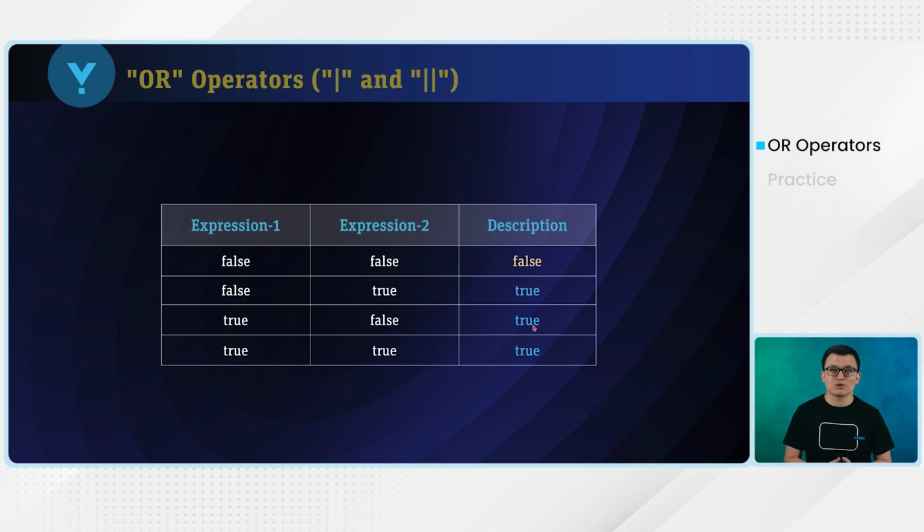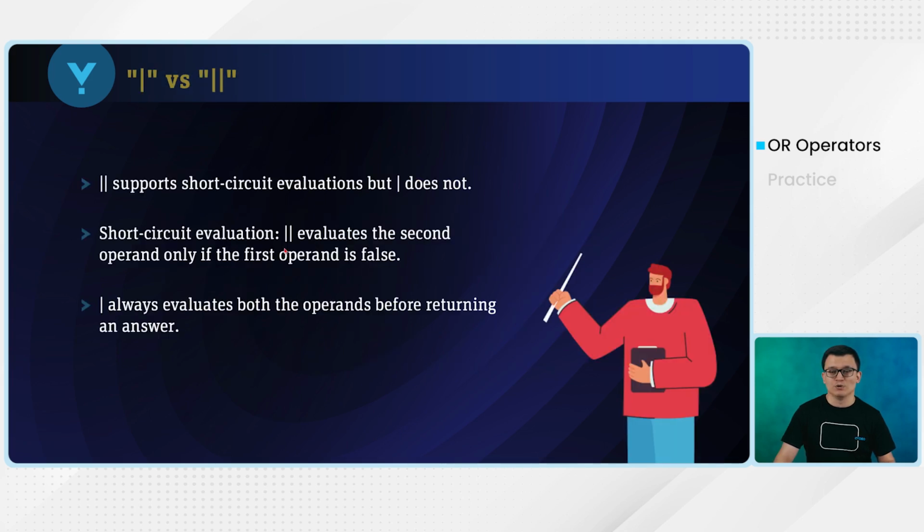Even though the final result is already destined to be true, it still has to evaluate the second expression, because the bitwise OR operator does not support short circuit evaluation.